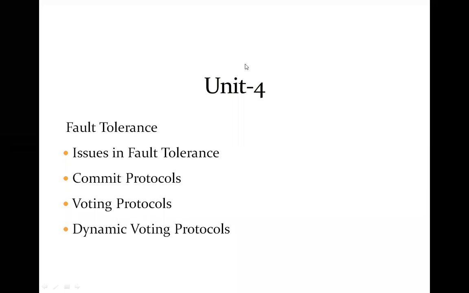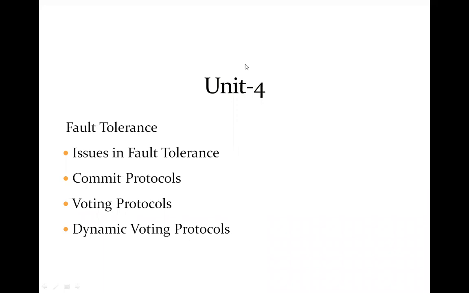Normally the fault can be tolerated by using a redundancy procedure, in which the system employs multiple processes, multiple hardware components, and multiple copies of the data, so that the whole system can work independently even in failure mode.